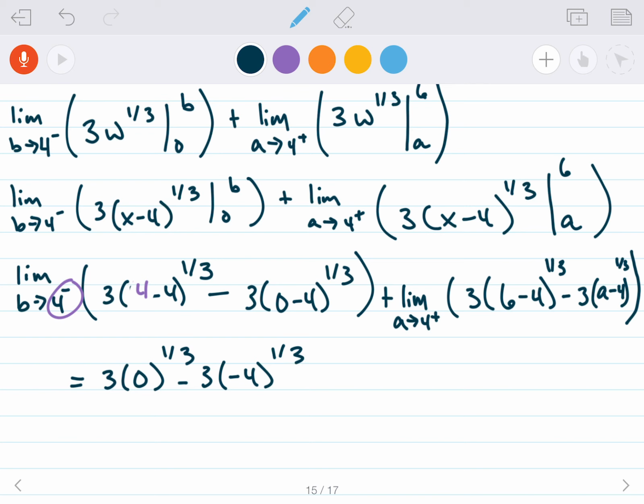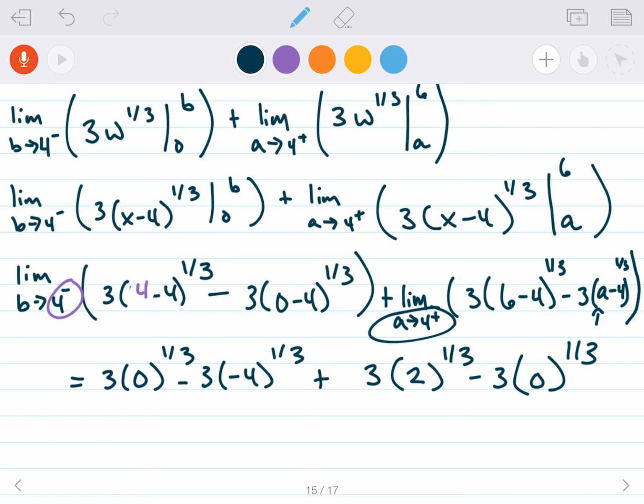And I'm going to do the same thing over here. I'm going to plug in 4 for a. So this becomes 6 minus 4 is 2 to the 1/3 minus 3 times (4 minus 4 is 0) 0 to the 1/3. Well, 0 to the 1/3 is 0. That goes to 0. This goes to 0 as well.